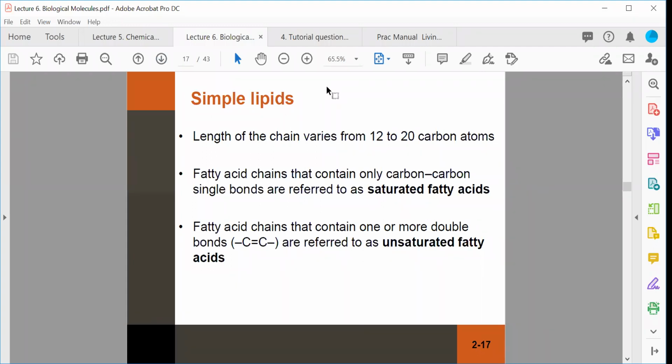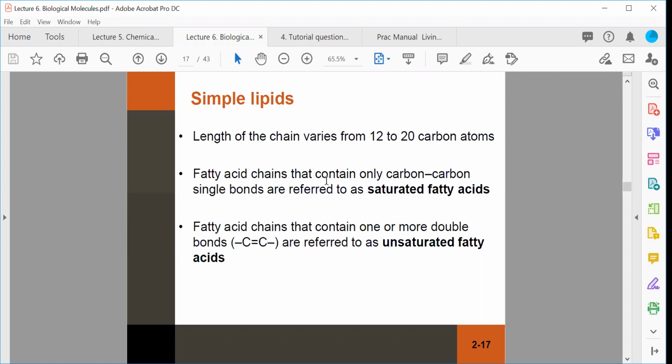We're going to start with some examples of simple lipids. Our first example involves what are called fatty acids. Fatty acids basically consist of a chain of carbons, which is referred to as a carbon backbone. The length of the chain can vary depending on the fatty acid, from 12 to 20 carbon atoms.